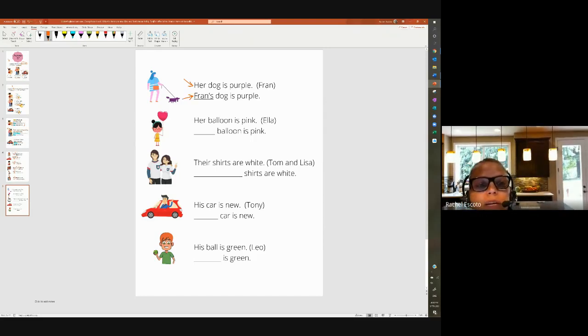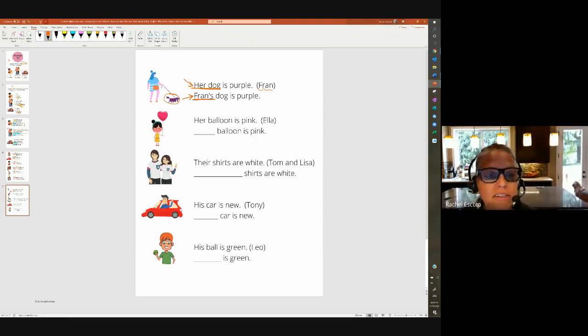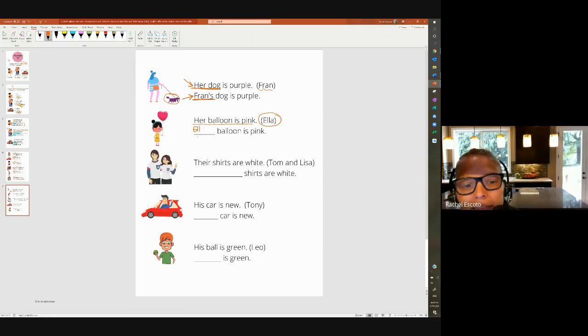So we look at this picture and we're talking about, look, her dog is purple. Her name is Fran. So we say Fran's dog is purple. This little girl right here, it says her balloon is pink. Her name is Ella. So what would we write here? We write Ella's balloon is pink, right?